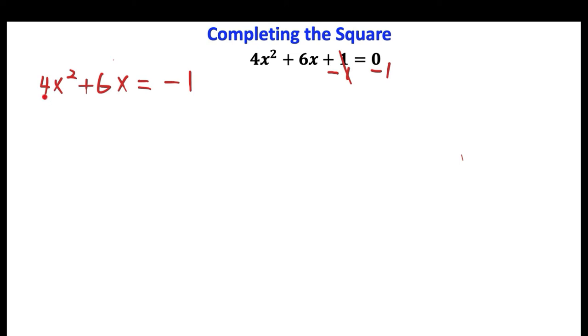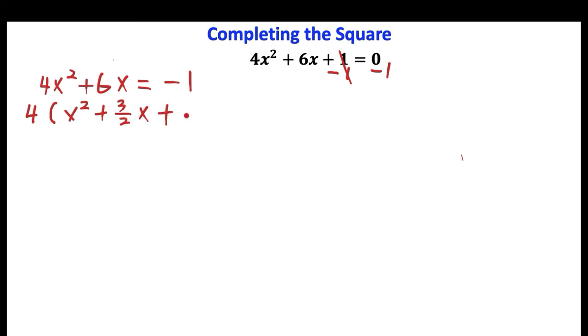Now, because we have 4 here, we need to factor out the 4. So 4x squared divided by 4 is x squared. So 6x divided by 4 is 6 over 4x. So we simplify that to 3 over 2x.